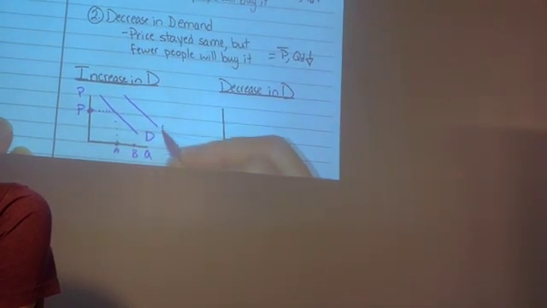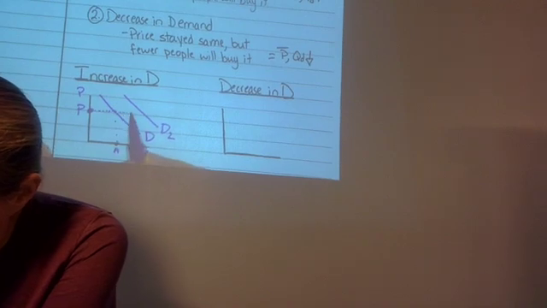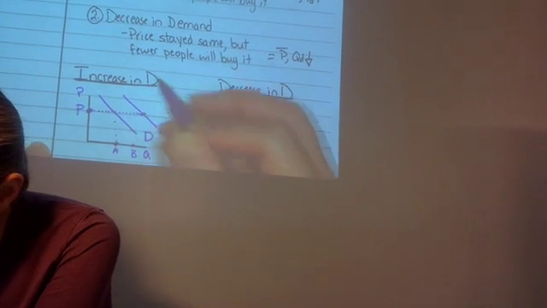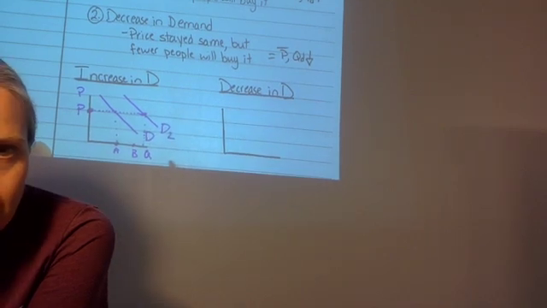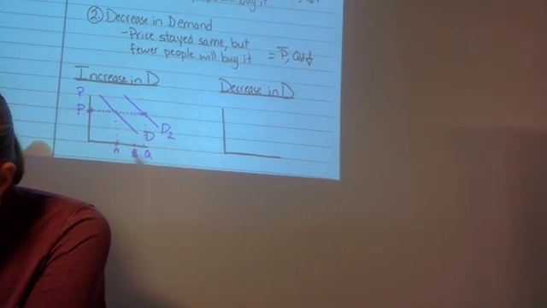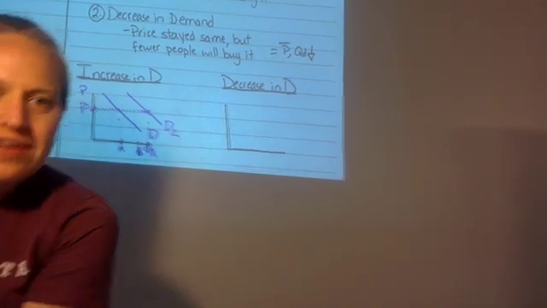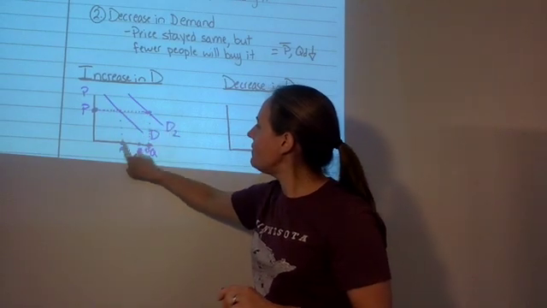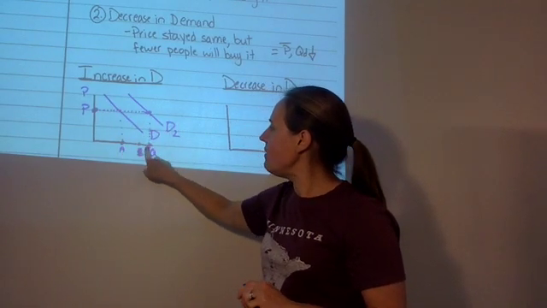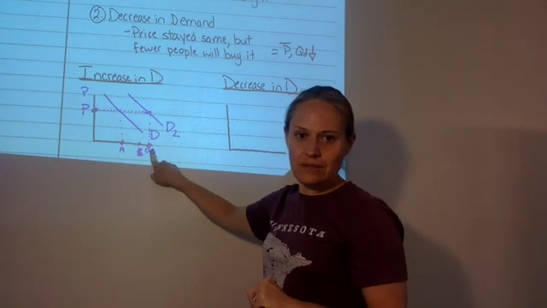We get a whole new demand curve 2. And what we see then is that the price stayed the same, but what happened to quantity? The quantity did indeed increase. Not to there though, not to there. Does that make sense? So this graph shows the price stayed the same, but the quantity increased from A to B. The quantity demanded increased from A to B.